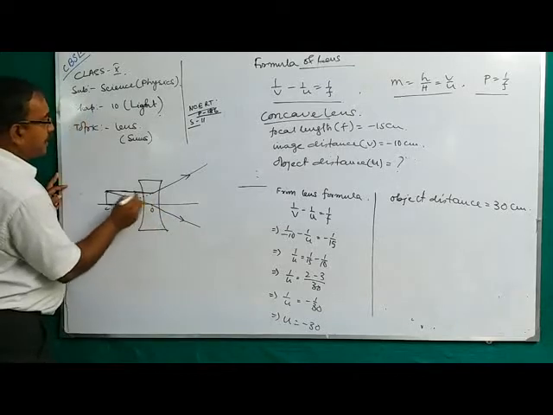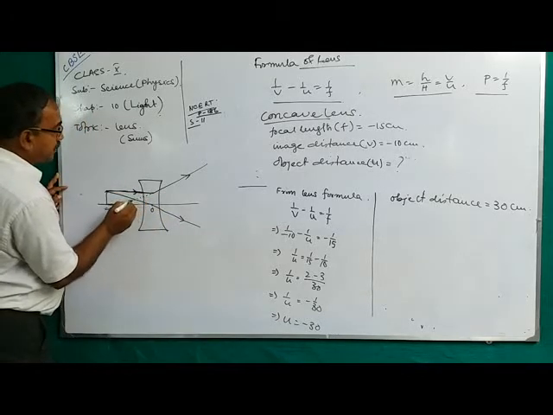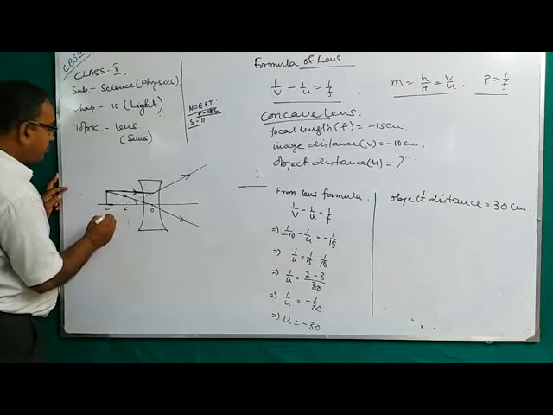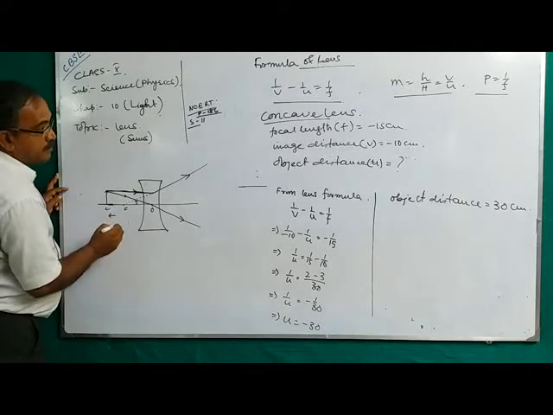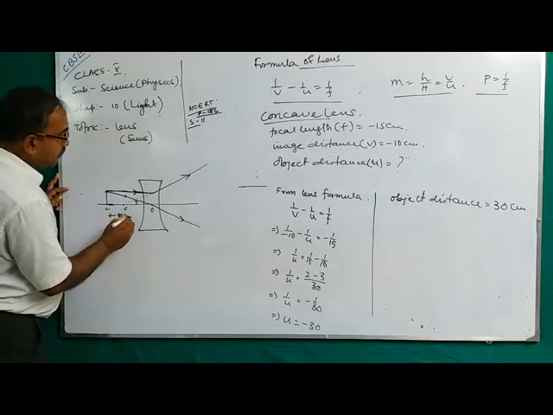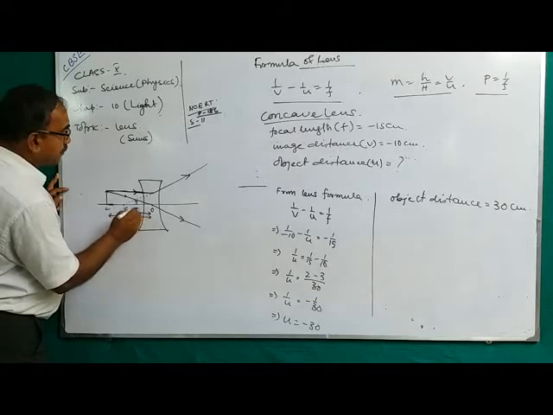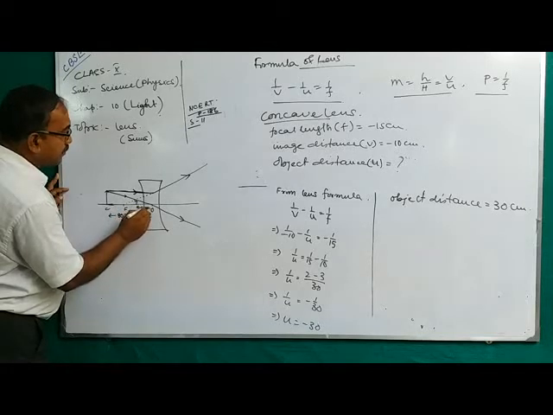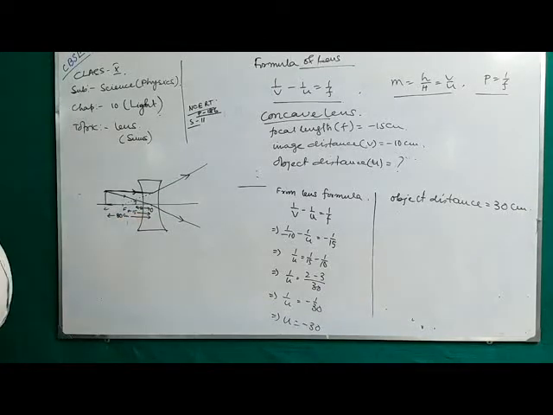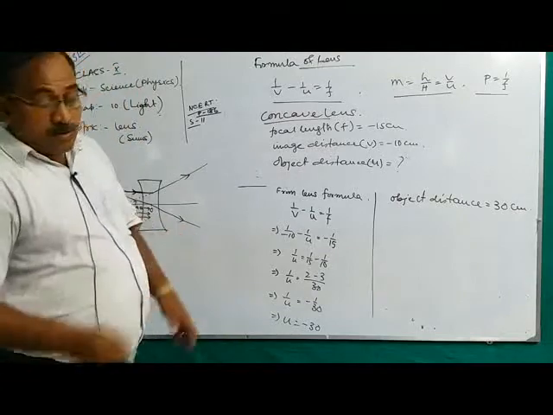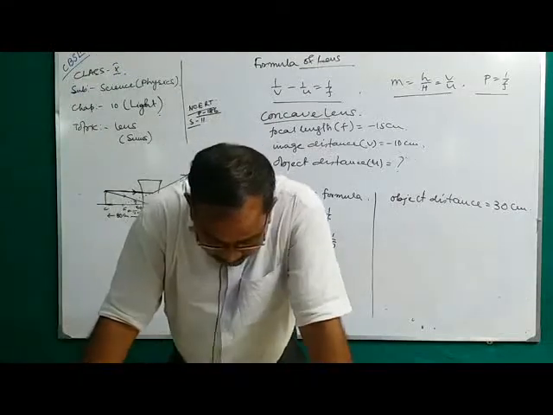With the help of the scale, you must draw the diagram. The image will form in this position. So, object is here, this is the 30 centimeter, this is the 15 centimeter, this is the 10 centimeter. So this is the ray diagram of that numerical. So the two numericals are completed.